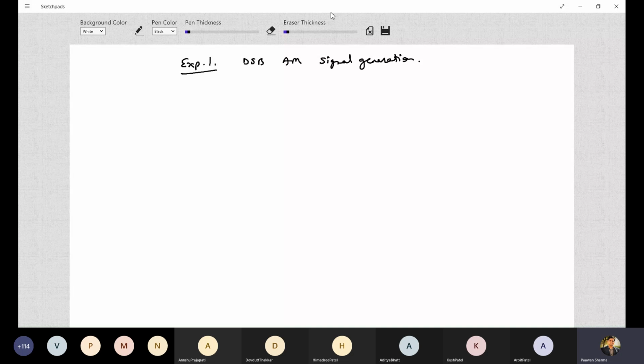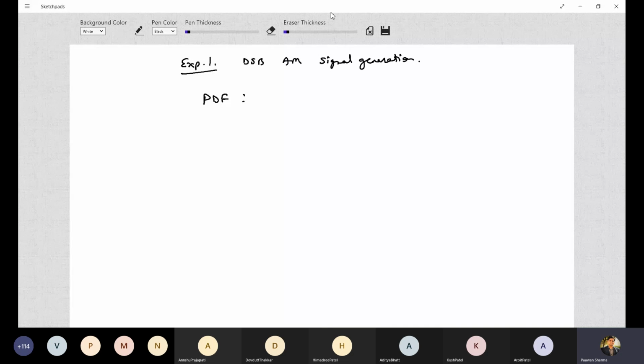Now, what is expected from all of you? You have to prepare a PDF file, which will be the scan of your handwritten lab experiment. Remember, handwritten should be there.